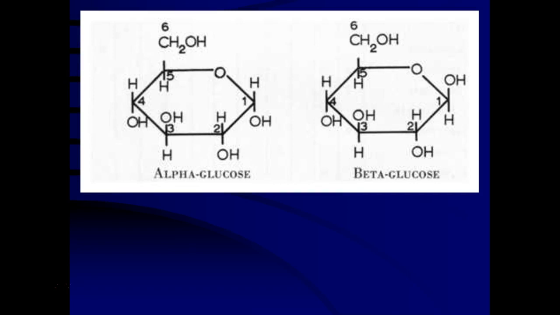Turns out all the carbohydrates that contain alpha glucose, you and I can digest. We can use it for fuel. So these are all the plant starches that we eat. This is the animal starch that's stored in our liver.